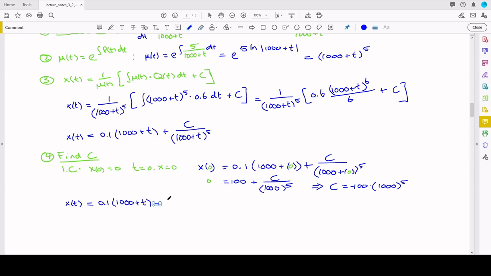So that's minus 100 times 1,000 to the power of 5, or 10 to the power 17, and then divide that by 1,000 plus t to the power of 5. Okay, so that's one part of our answer here.